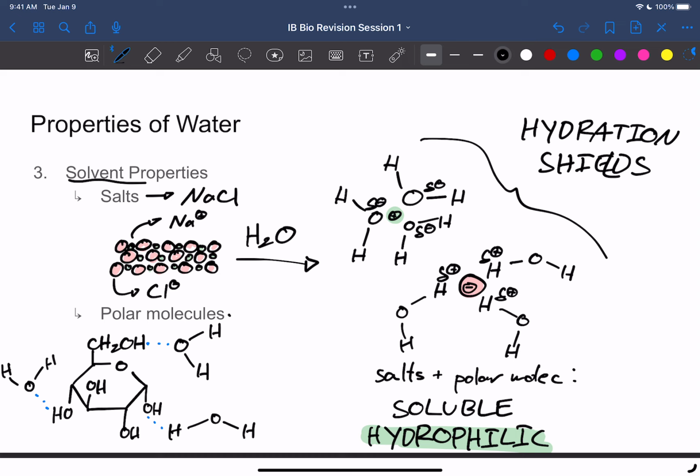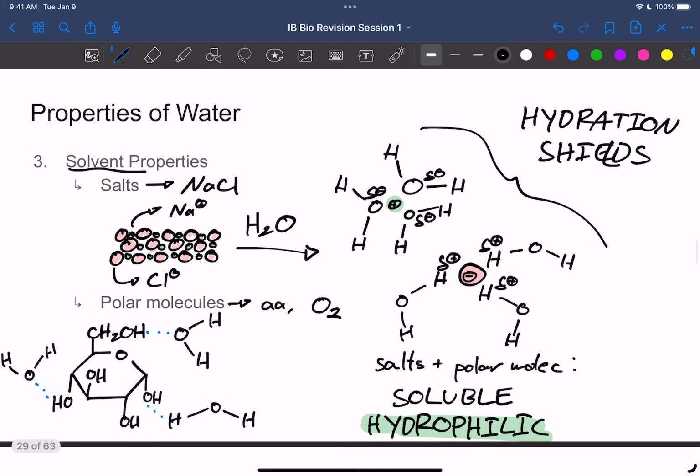Some other examples of polar molecules include amino acids, oxygen, and other molecules as well. This oxygen has lone pairs that interact with the hydrogens on water, and amino acids also have their own different interactions, and these make them pretty soluble, or hydrophilic, water-loving.